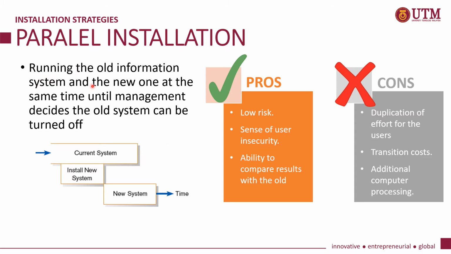It involves running the old information system and the new one at the same time until management decides the old system can be turned off. As you can see in this figure, the current system, the old system, and the new system are operating at the same time. This is the time while both of them are operating.